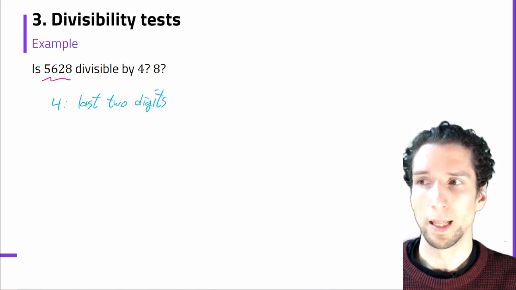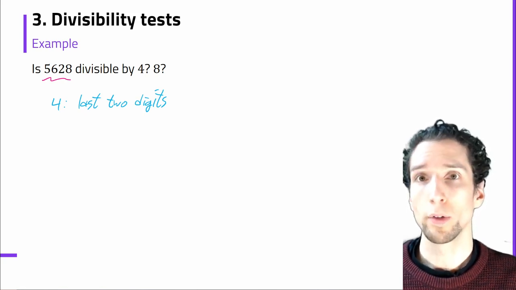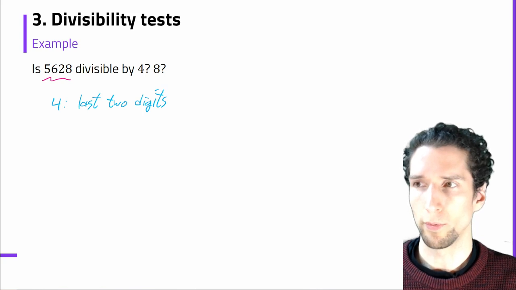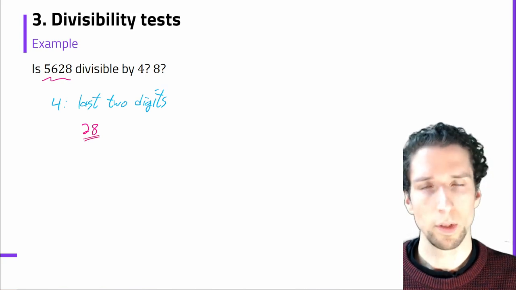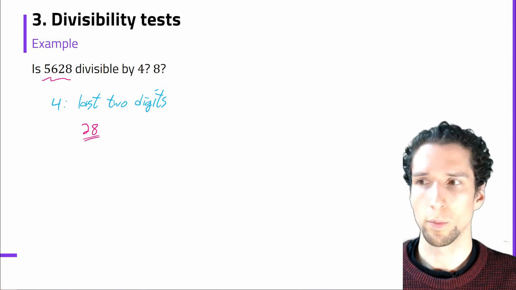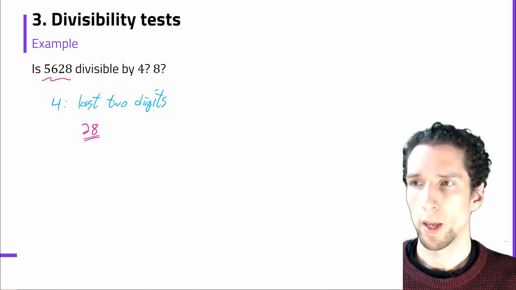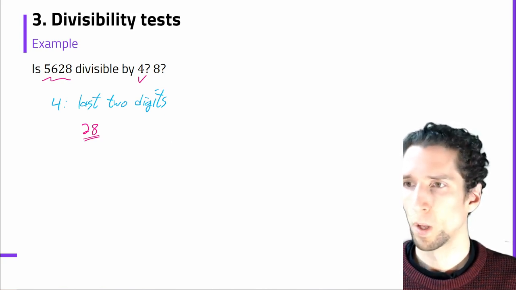If the last 2 digits are divisible by 4, then the whole number will be divisible by 4. In this case, the last two digits are 28. And yes, that's divisible by 4. 4 times 7 would give us this number. So then the whole number will be divisible by 4.